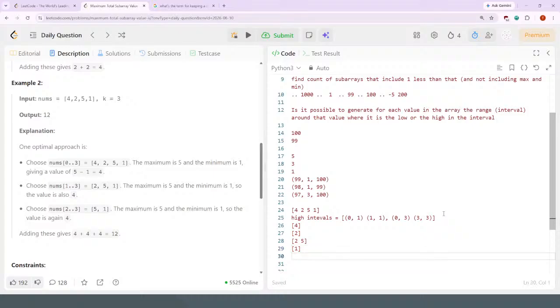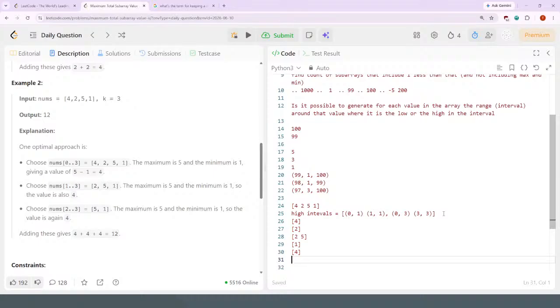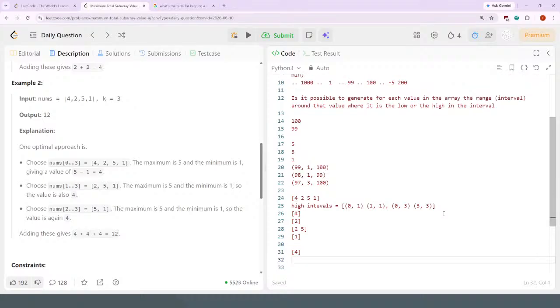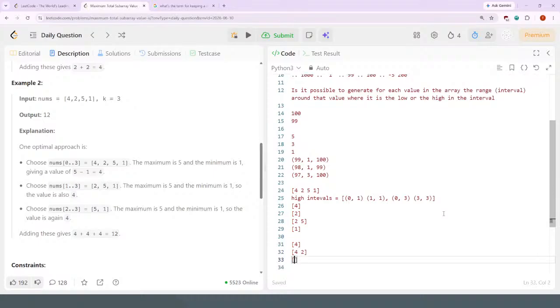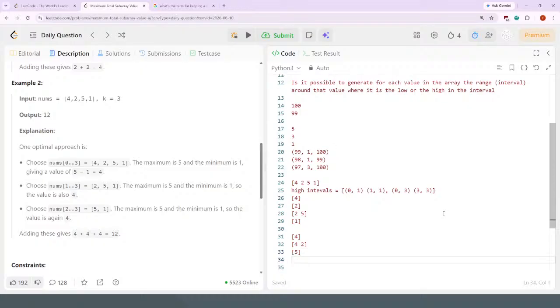If I had monotonic decreasing: 4, 4, 2, 5, 5, 1.